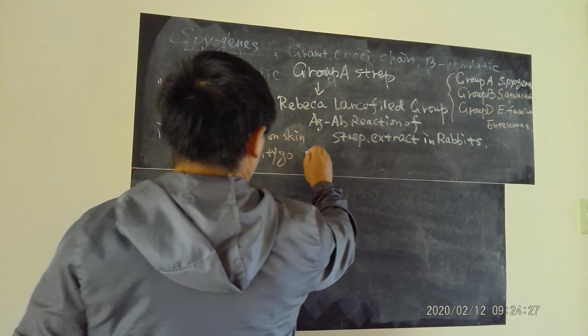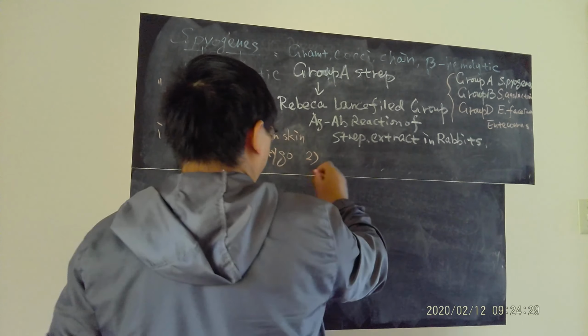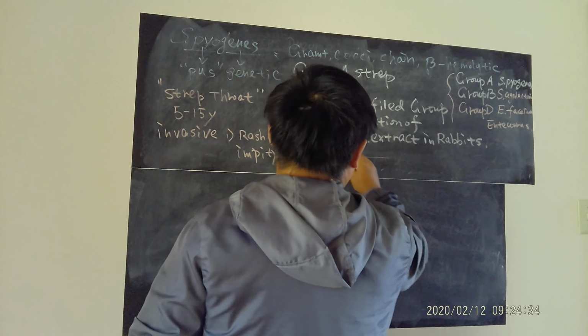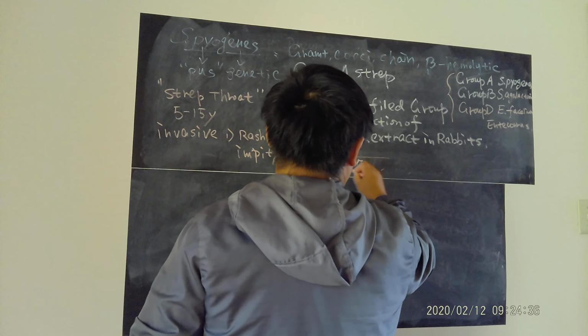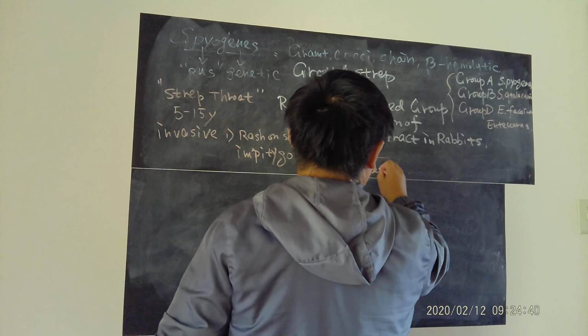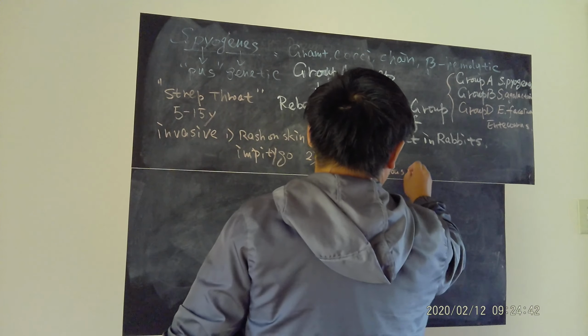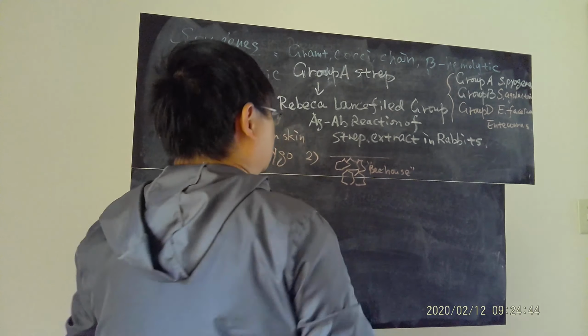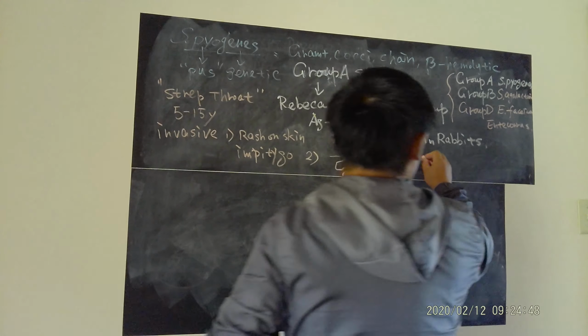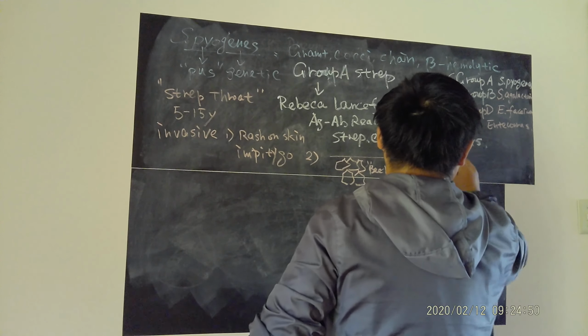In the second step, it penetrates a little deeper into the skin and damages the underlying tissue. This is called cellulitis.